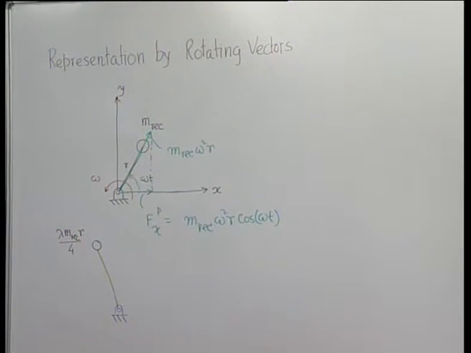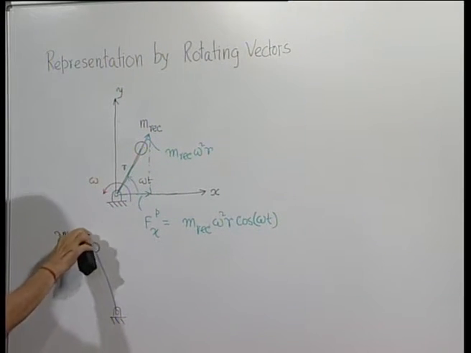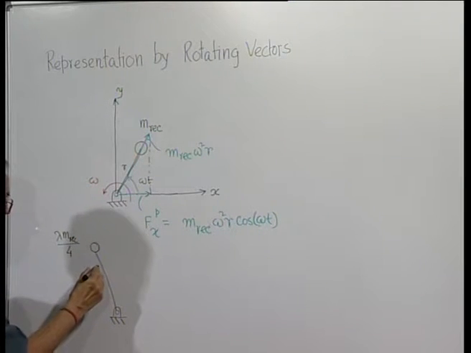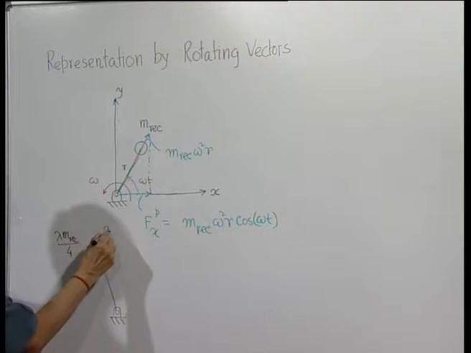So, it will be m reciprocating by 4 into lambda at a distance r, and we call this a secondary crank.